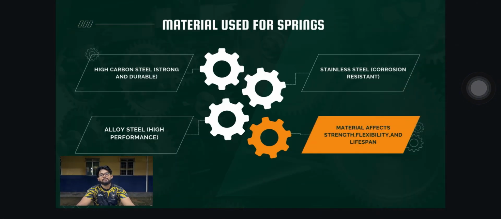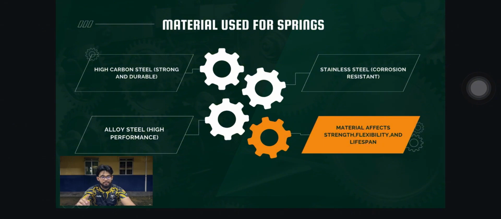Okay, in these slides, I would like to explain to you about the materials used for springs. So basically, what materials are used to make springs. The first one is high carbon steel, whose characteristic is strong and durable. The second one is stainless steel. The characteristic is corrosion resistant, which means it does not easily corrode.